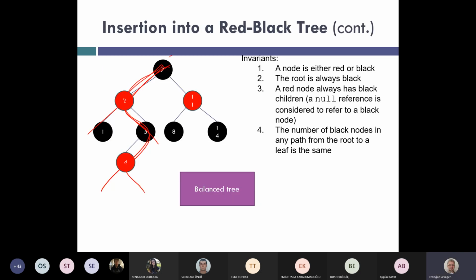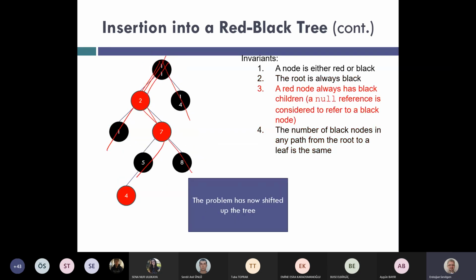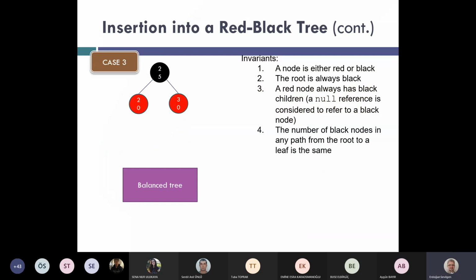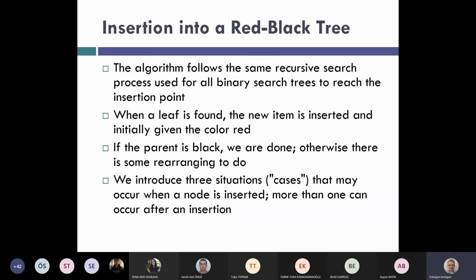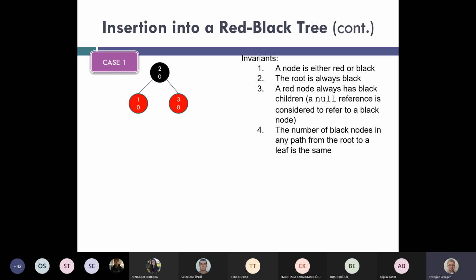So this is the whole cases. As you remember, we have talked about 3 cases that can happen. Remember here, let me go back. Yes, we talked about 3 cases. When we insert a new node and color it to be red, we have 3 cases.